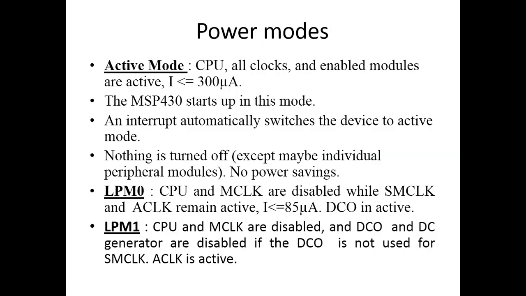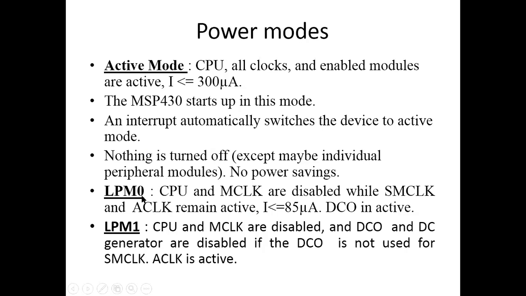If you observe the current consumption in each mode, in active mode it is only about 300 microamperes or less. All devices, clocks, and modules are in the active condition. Nothing is turned off here.